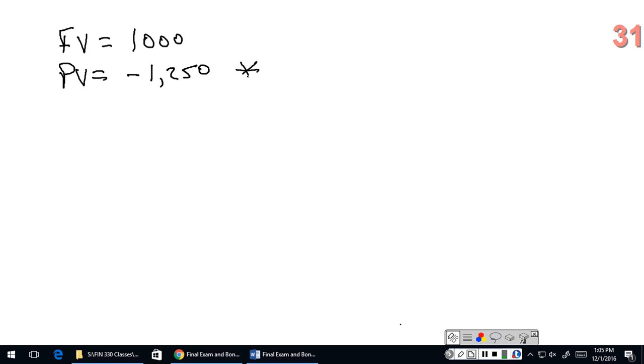If not, you're going to get an error 5 message on your calculator. So N was 10 and the payment was 15%. So 15% of 1,000 is $150.